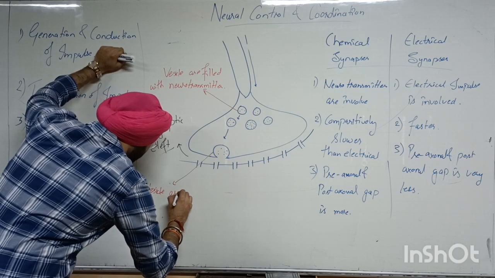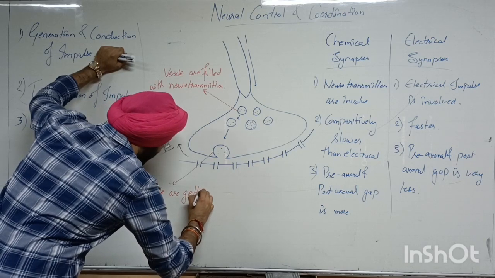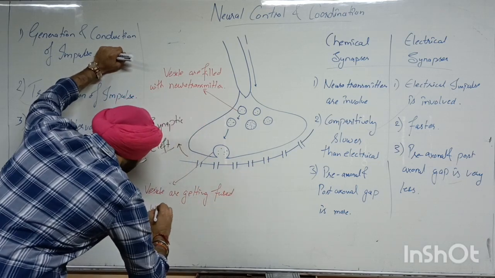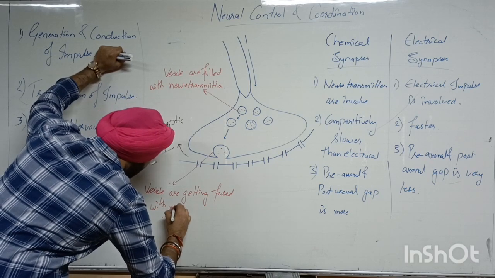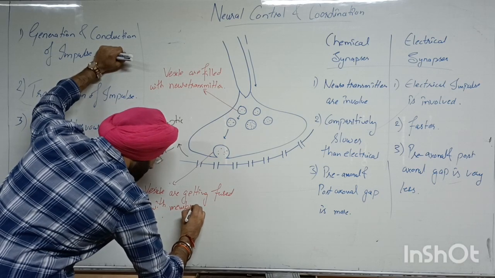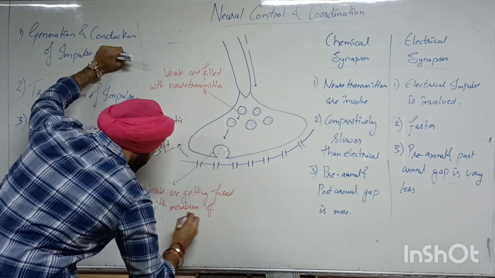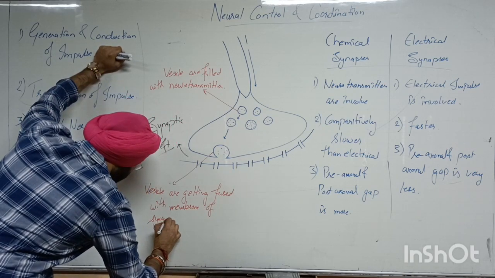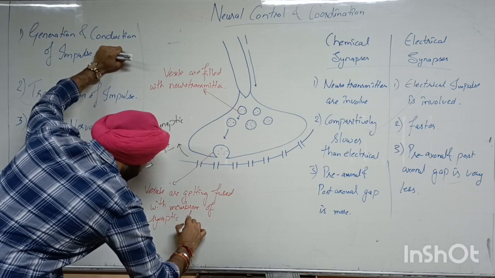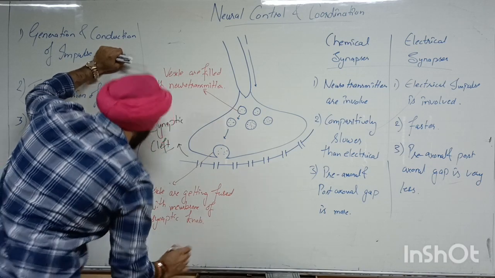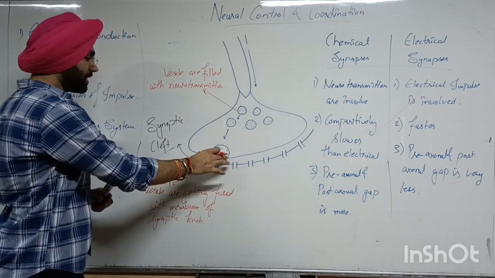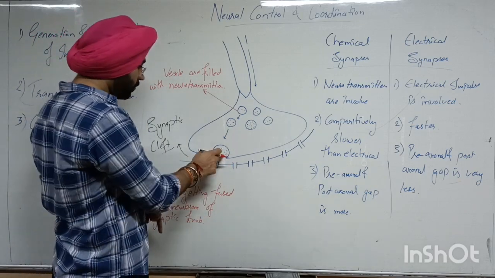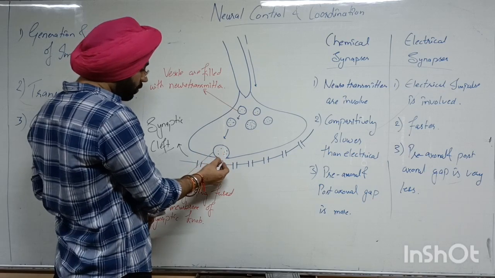So vesicles are getting fused with the membrane of the synaptic nerve, and with fusion, the neurotransmitter comes outside.